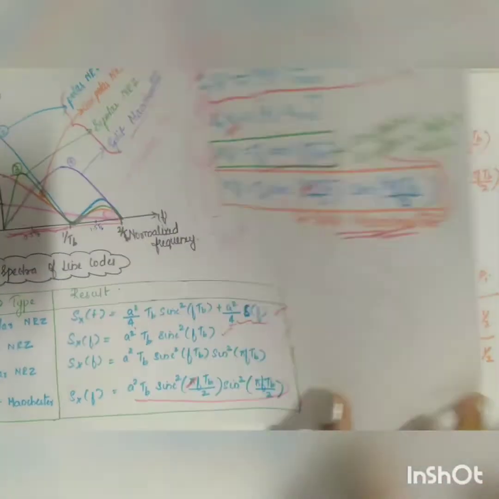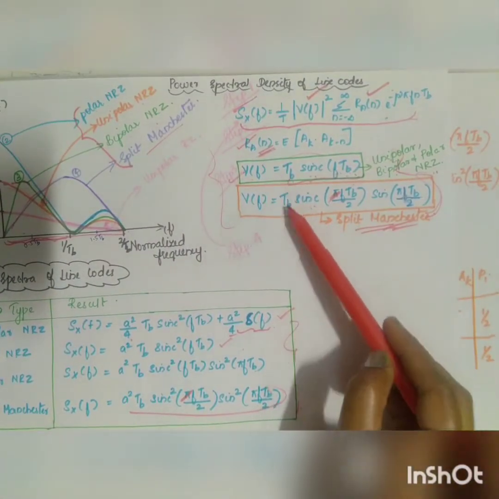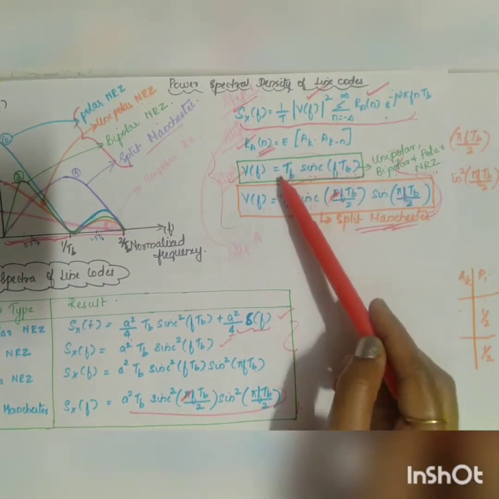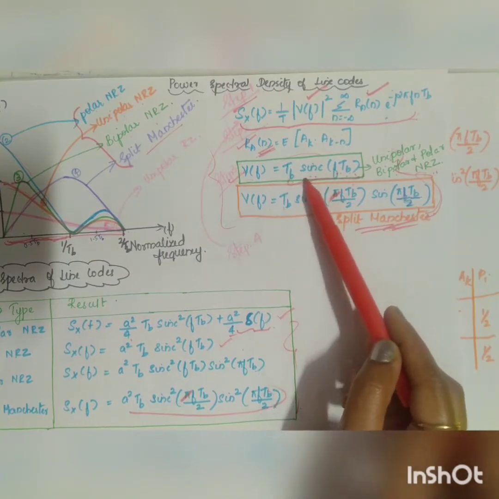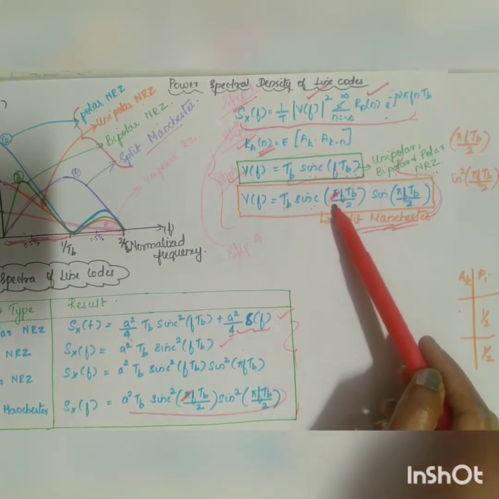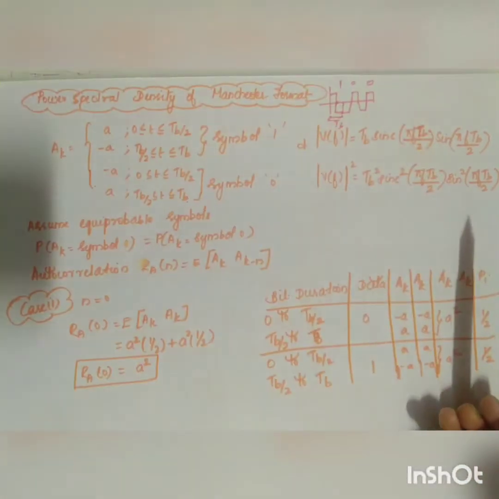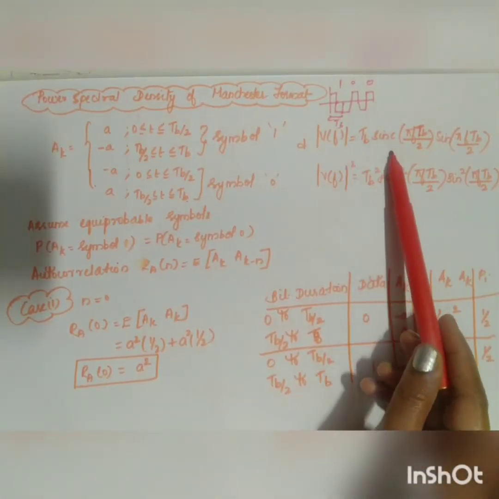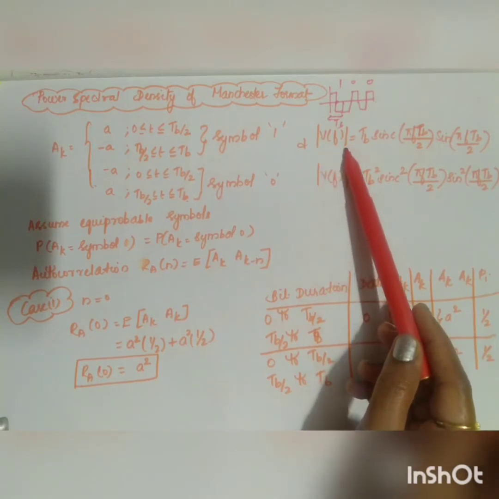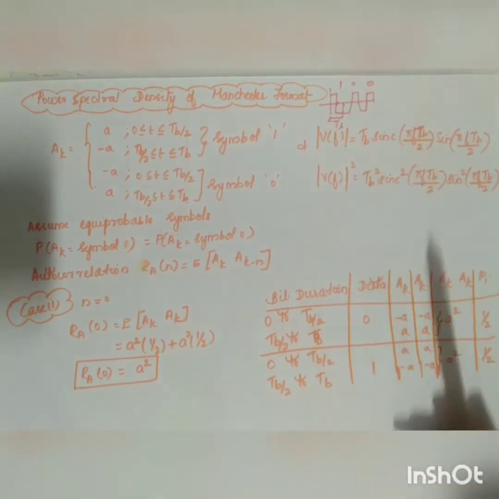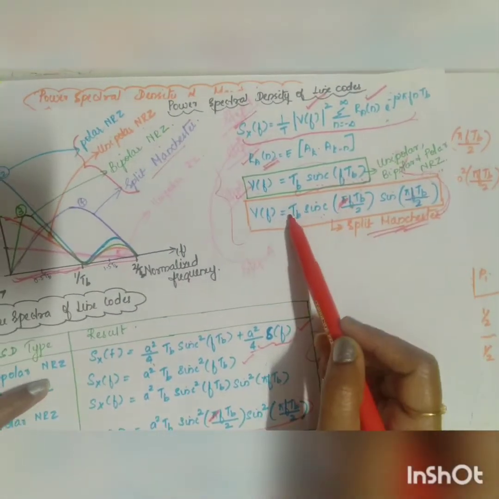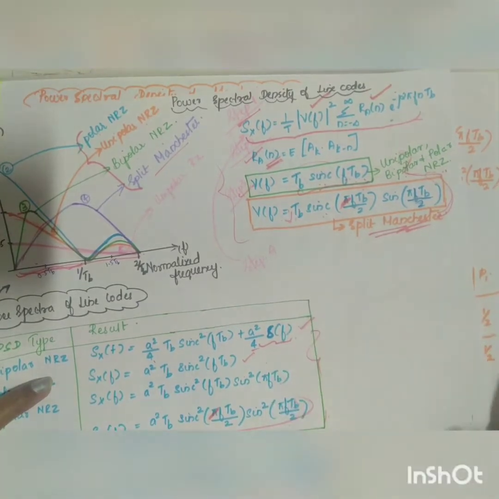At the end of this video, I'll explain how you are obtaining this V of F as TB sinc FTB, and TB sinc FTB by 2 and sine pi FTB by 2 also. So we have written it here directly. V of F is equal to, here you will be getting a j also.